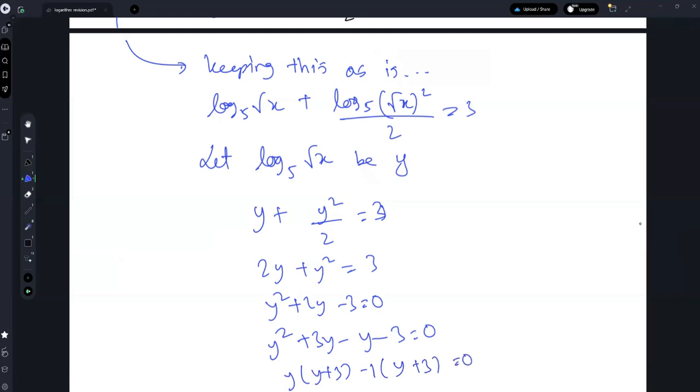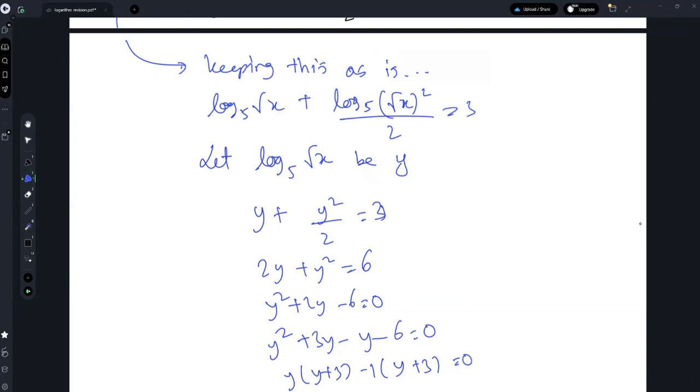Not y plus 3, never mind. Y square plus 2y minus 3 equal to 0. Actually, this is going to be 6. If this is 6, then this just becomes y square plus 3y. This is 6.